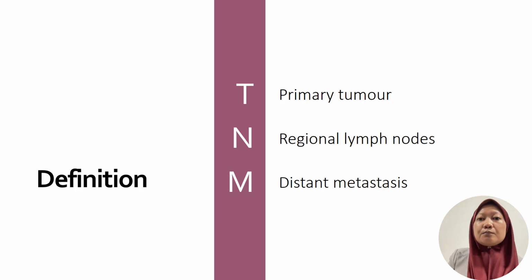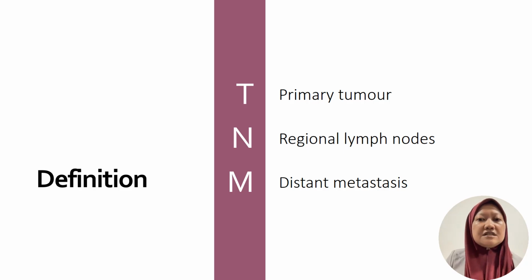This system provides a standardized approach to classify the extent of cancer based on these three components that I mentioned earlier. Tumor size: this assigns the size of the primary tumor and whether it has invaded nearby tissues. And node involvement: this evaluates whether the cancer has spread to regional lymph nodes, which is the axillary lymph nodes, which is crucial for understanding the disease progression.